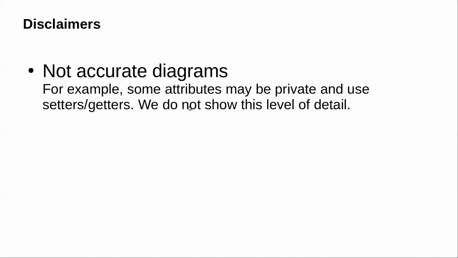We might have a property that is actually private, that is set via a setter, and we do that because we want some logic before letting the user set the variable value. Let's say that a property's value needs a specific validation. If we let the user set that value freely, then the user would be able to set it to potentially anything. So we want to validate the input.